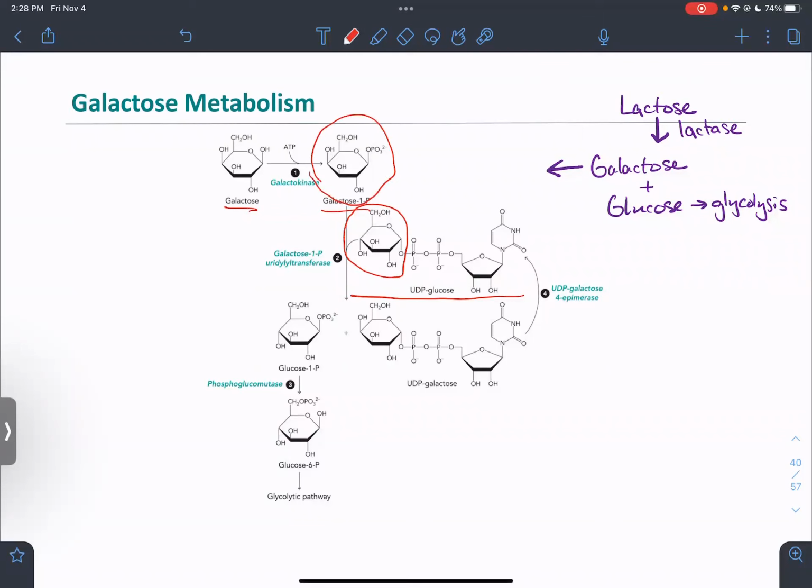When we do that swap, we get a free glucose 1-phosphate, and we make a UDP galactose molecule, which can then undergo an epimerization reaction where we regenerate the UDP glucose, so it can be used again in another cycle and another cycle. Then the glucose 1-phosphate is again not quite right for glycolysis, so we undergo a mutase reaction where we move that phosphate from carbon 1 to carbon 6. And then we're ready for glycolysis, so we can keep going.